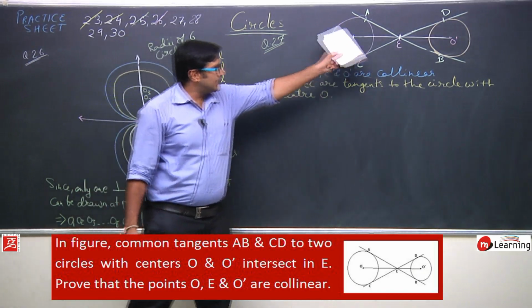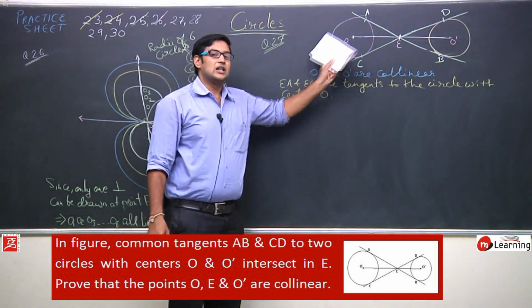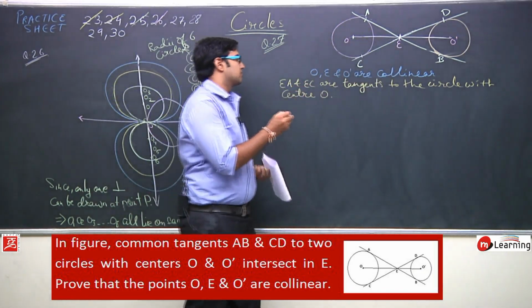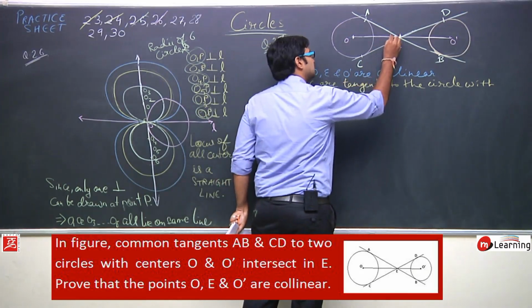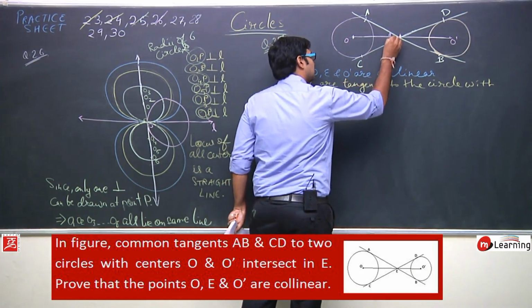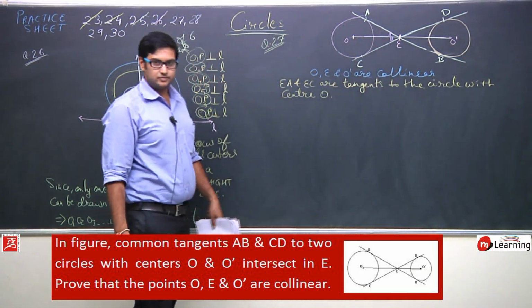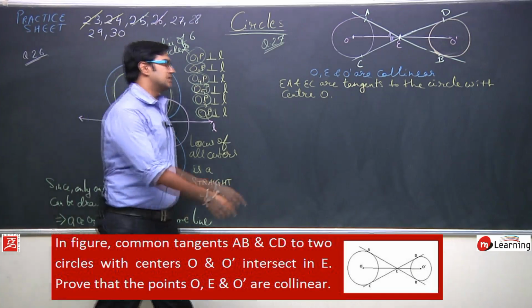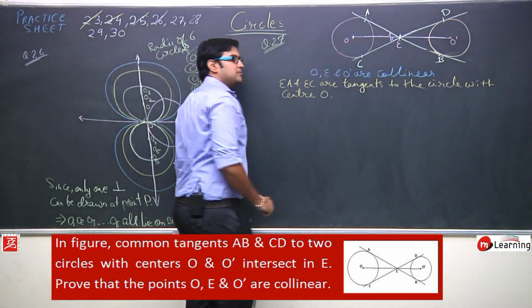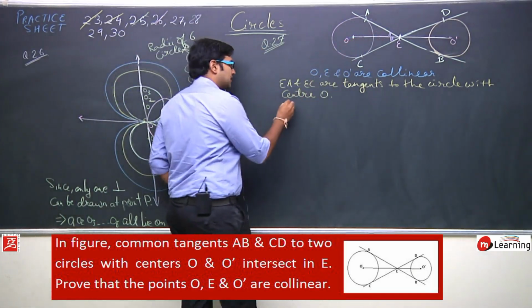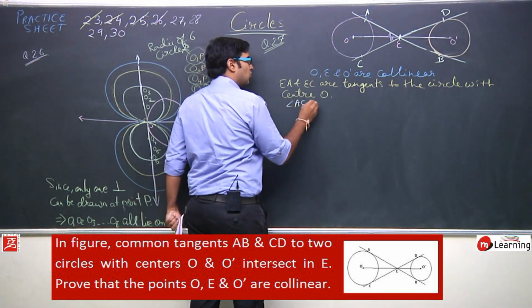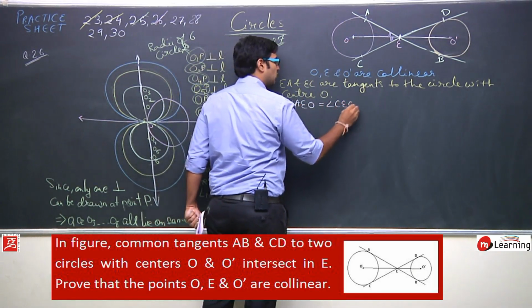So if EA and EC are tangents to this circle, I can say that this angle and this angle are equal. What I can say is this particular angle and this particular angle are equal. I can say angle AEO is equals to angle CEO.